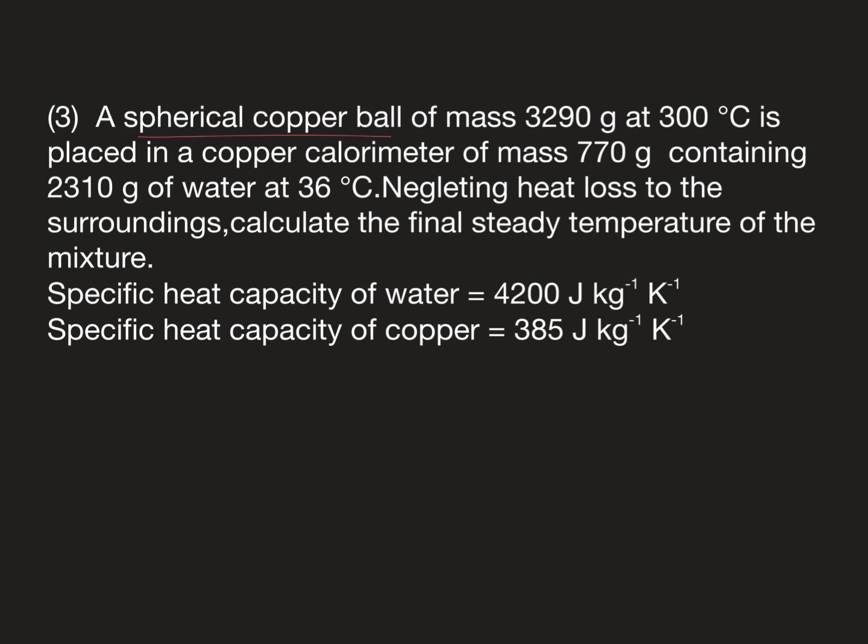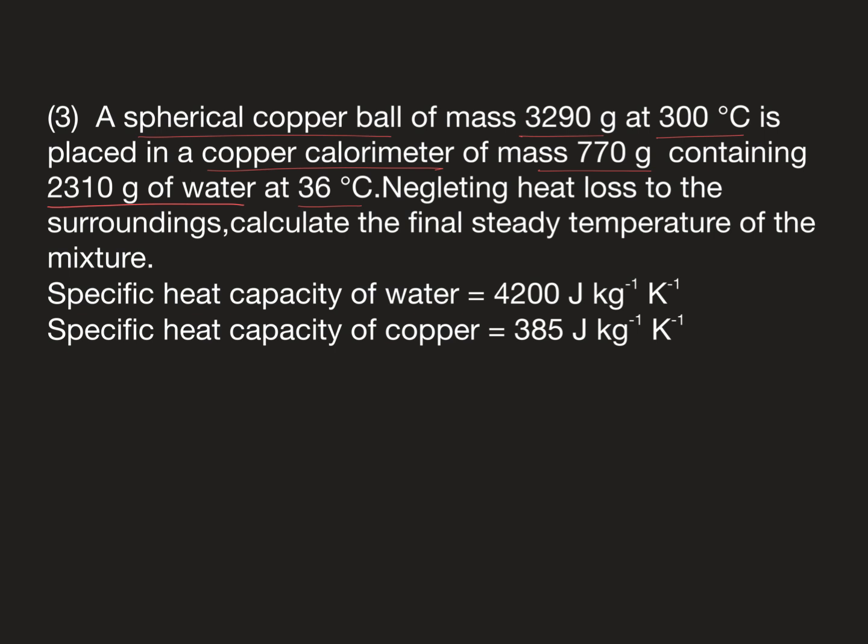A spherical copper ball of mass 3,290 grams at 300 degrees Celsius is placed in a copper calorimeter of mass 770 grams containing 2,310 grams of water at 36 degrees Celsius.